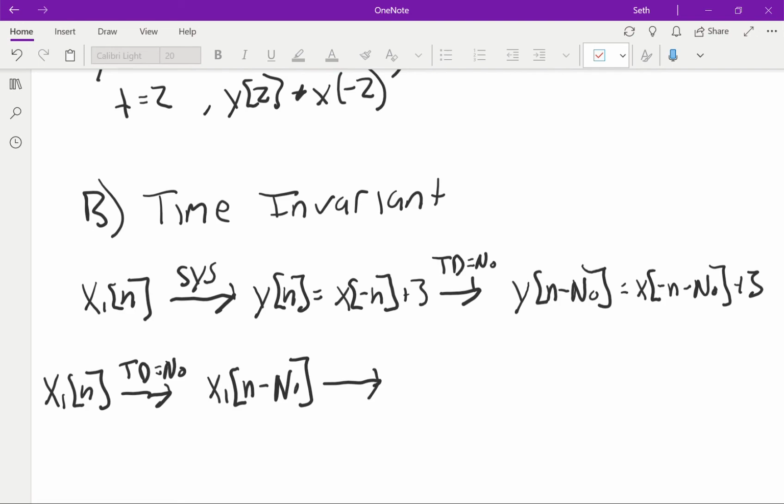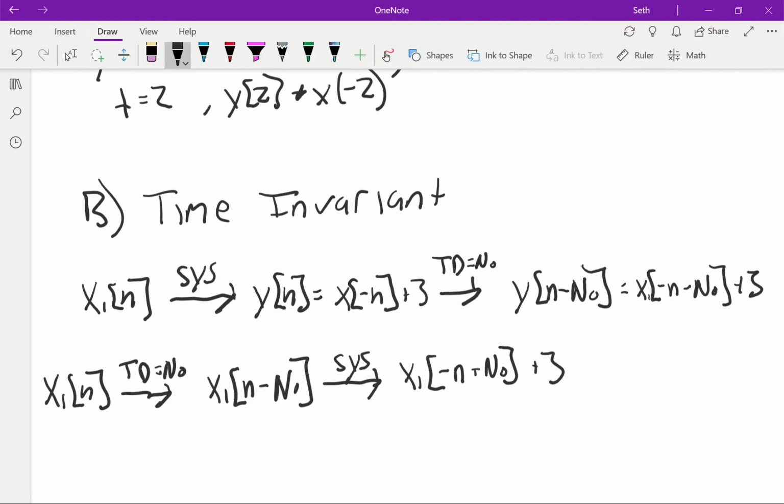Now we're going to put it into the system, and that's going to be equal to x1, just to be clear, that is still x1 up there, x1 of minus n plus n naught plus 3.